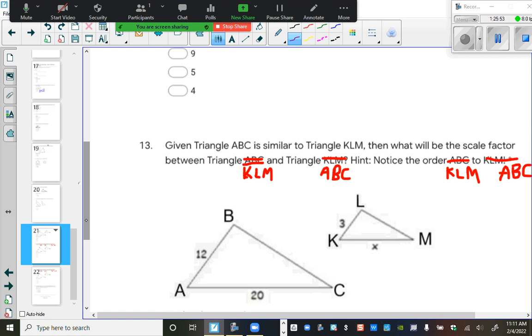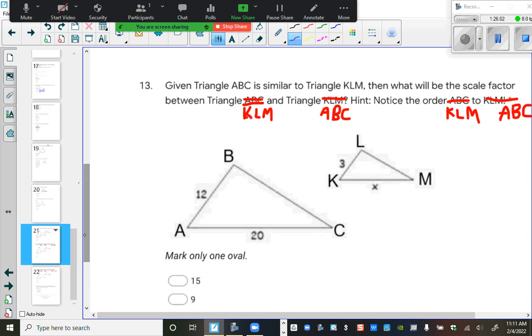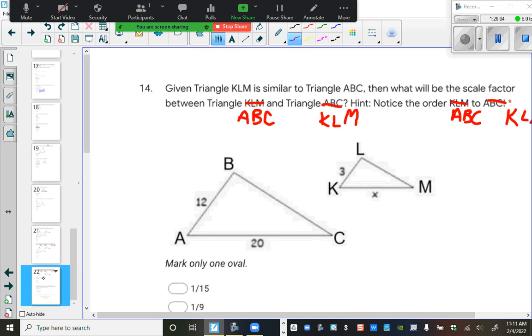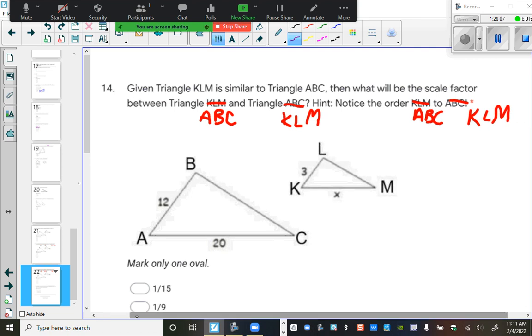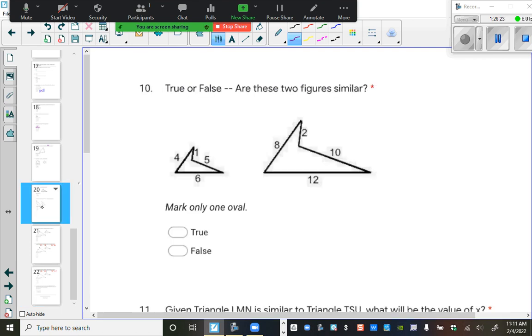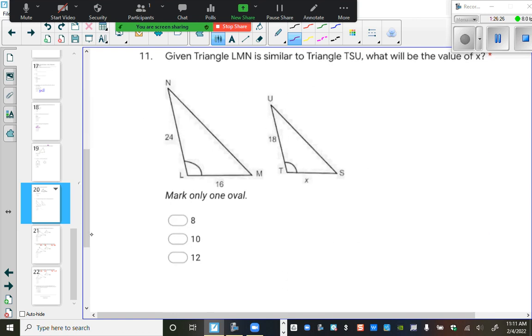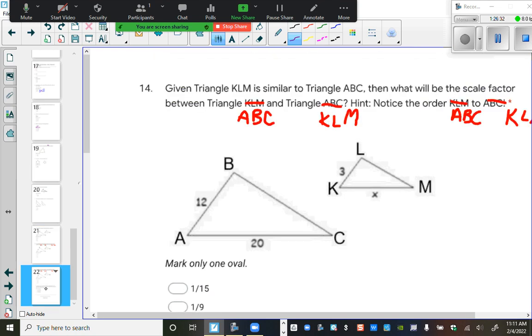And then everything else should be okay. So 13, 14, switch. Switch the order. And then, okay, everything else should be A-okay.